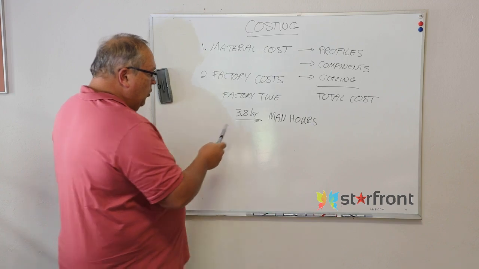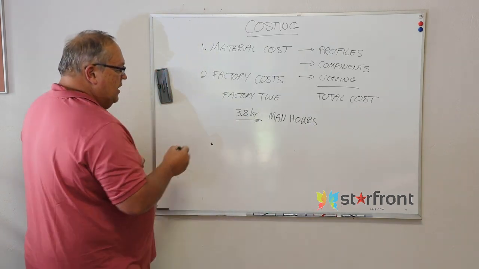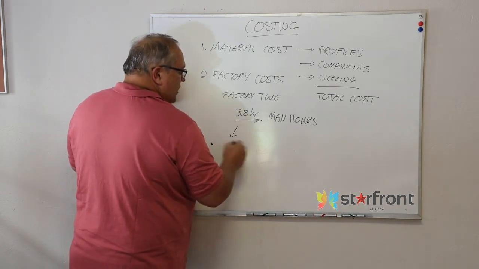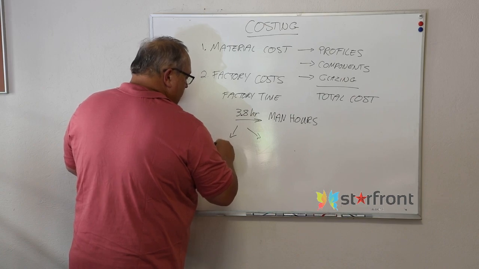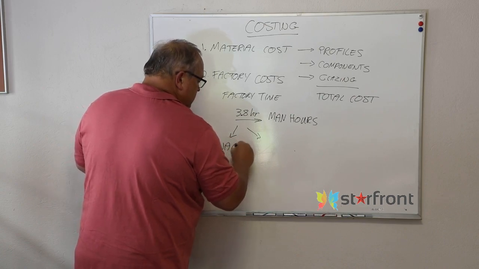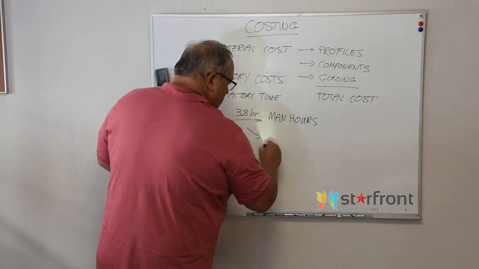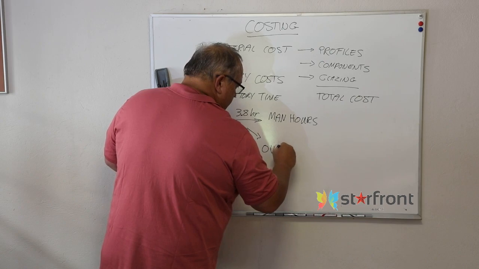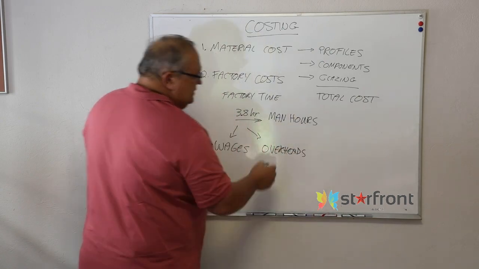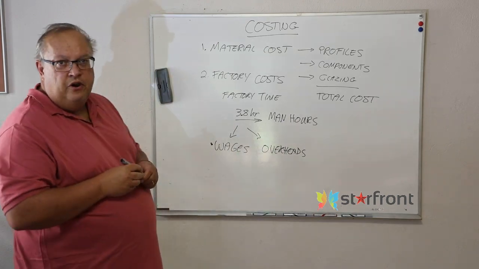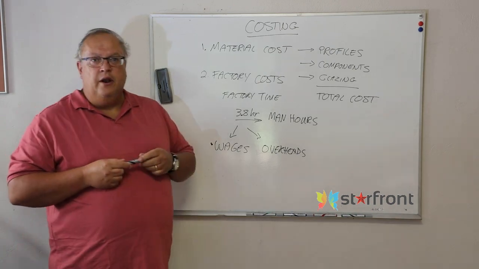Now, once I know how many man hours that item is going to take, I can determine or allocate two costs to that. I have got what I'm paying my workers in terms of wages, and then I've secondly got my overheads. And these in particular here are my factory overheads. So the concept behind the StarFront costing is the following.